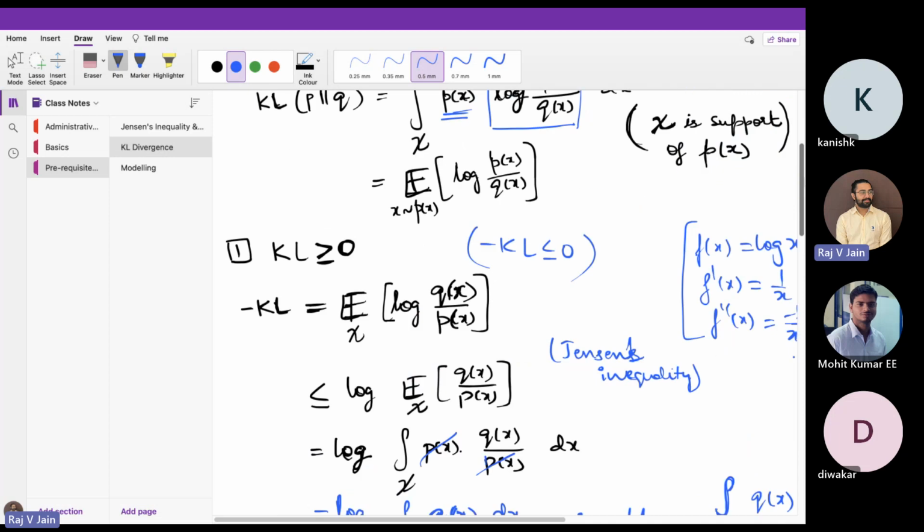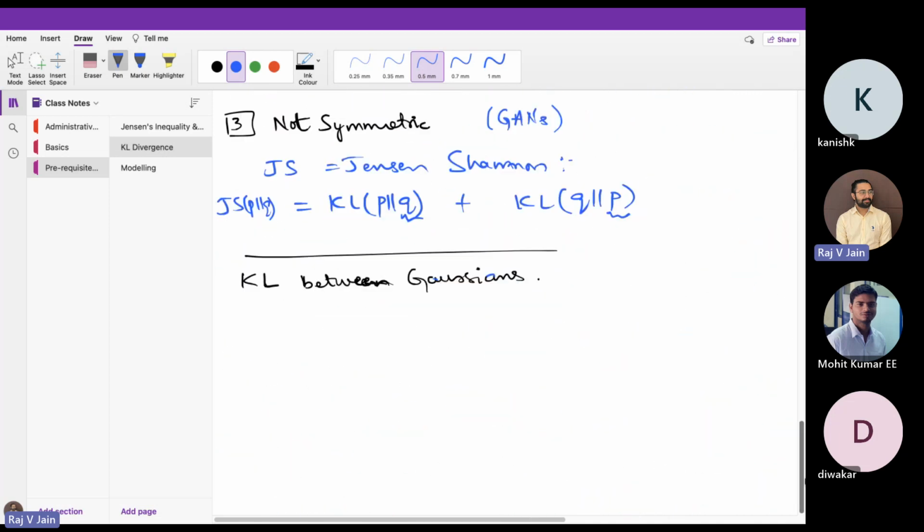So we'll derive this KL between Gaussians. How can we derive that using some simple algebra? Okay, so let's look at two multivariate Gaussians.